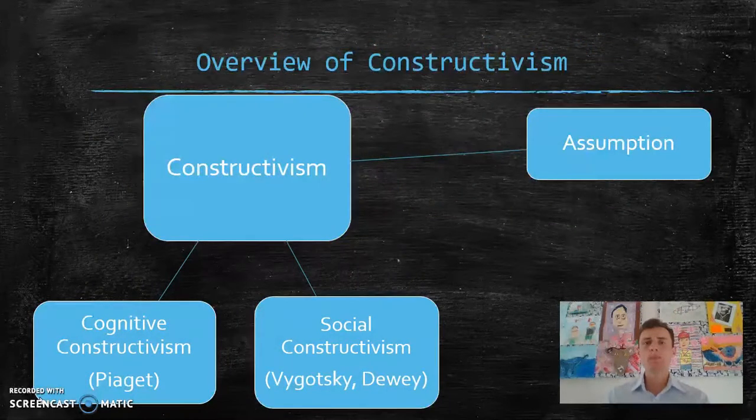One of the main assumptions with Constructivism is that the learner is active in their process of acquiring knowledge, and they use their prior knowledge and experience to get this new understanding. There have been 2 approaches, a cognitive and a social Constructivism, that are mainly looked at by theorists.